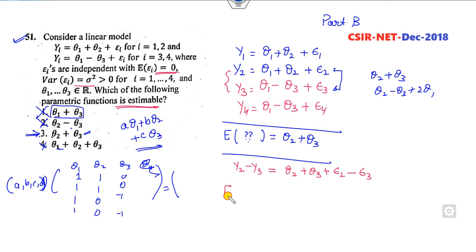Now you can find the expected value of this. What is the expected value of epsilon 2? This is 0, and this is 0. So you can see this value corresponds to this, which means this is the right answer of this problem. This is a simple way you can do this.